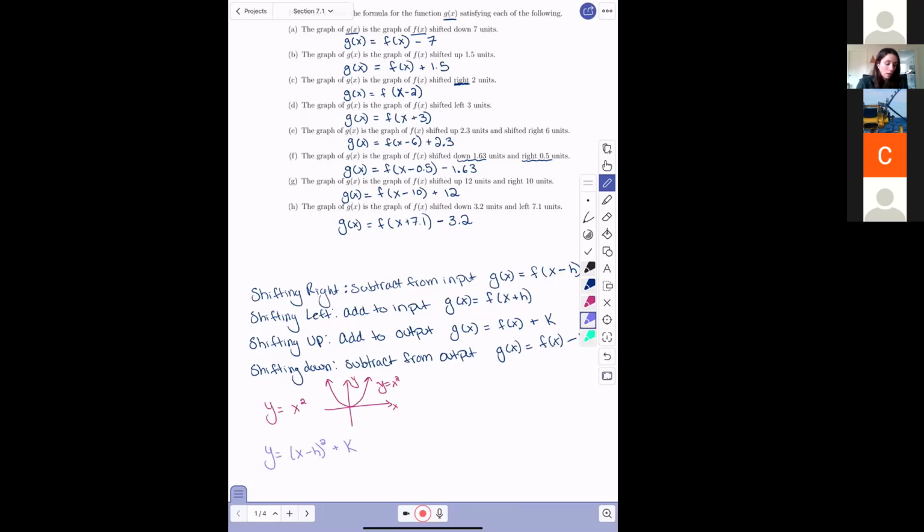Can someone tell me what's happening to our input value? It's to the right. Good. It's being shifted to the right by h units. And what's happening to the output value? It's going up. It's being shifted up k units. Good.